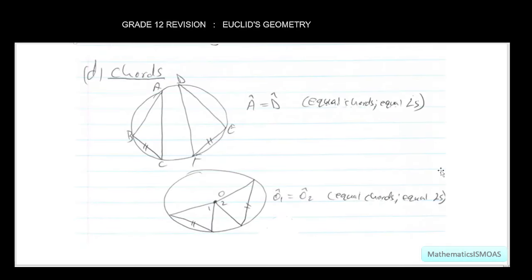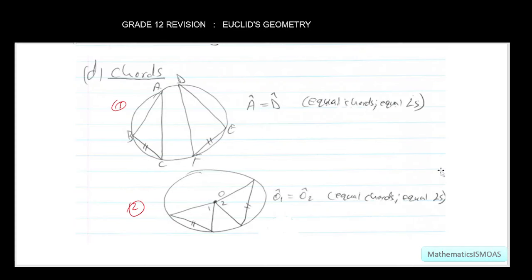These are theorem statements or tools that are just talking about chords. Now you see in the first diagram, let's say this is diagram number 1, this is diagram number 2. In the first diagram, we have triangle ABC, and we also have triangle DEF. Then side chord BC in triangle ABC is equal to chord EF in triangle DEF, and the two triangles are in the same circle.